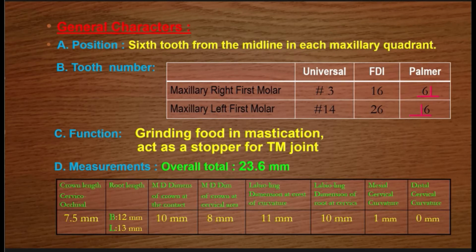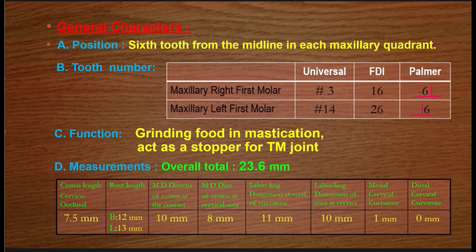Mesiodistal dimension of the crown at the contact is about 10 millimeter. Mesiodistal dimension of the crown at the cervical area is about 8 millimeter. Labiolingual dimension at the crest of curvature is about 11 millimeter. You see, the labiolingual dimension is 1 millimeter bigger than the mesiodistal dimension. The tooth is bigger labiolingually than mesiodistally.